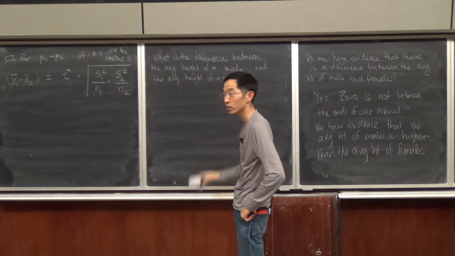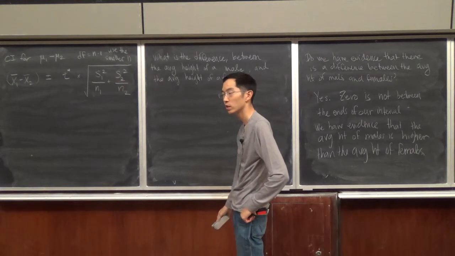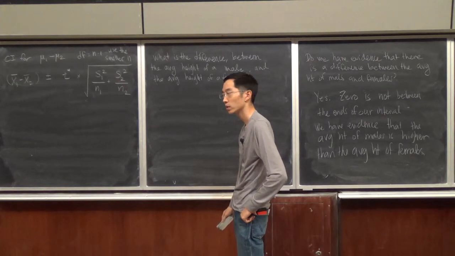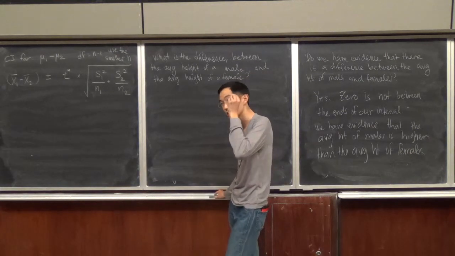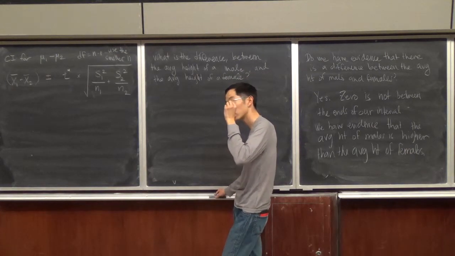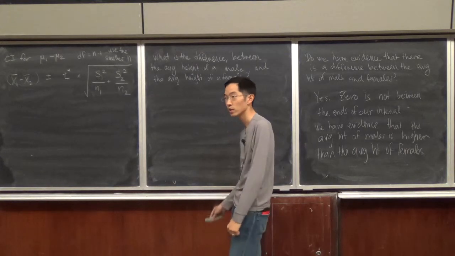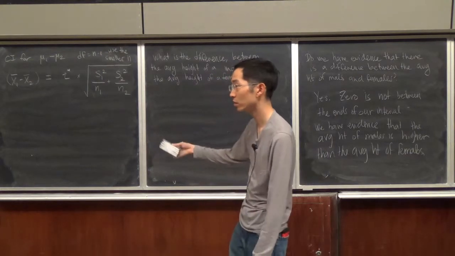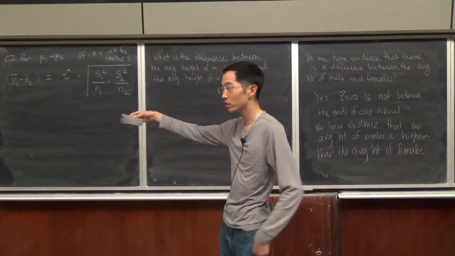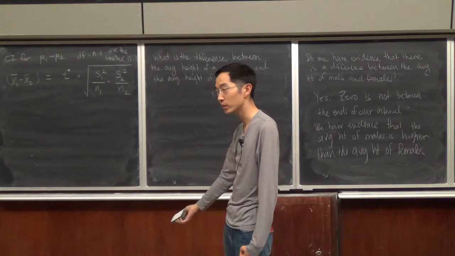Yes, that's the minus sign. So it's the difference. So you get the male's height and the females' and subtract them. It's kind of like, how much taller is the average male than the average female? So you subtract them.